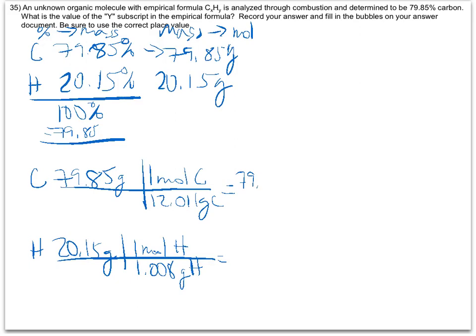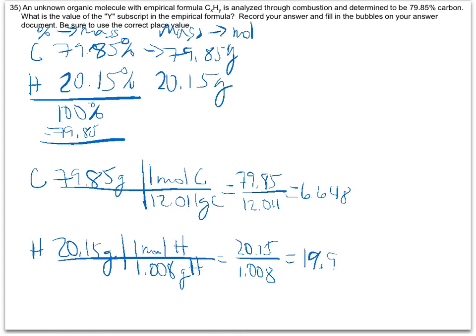So all we have to do is divide these out. 79.85 divided by 12.011 is 6.648, and 20.15 divided by 1.008 is 19.990. So the 6.648 is obviously the smaller one.